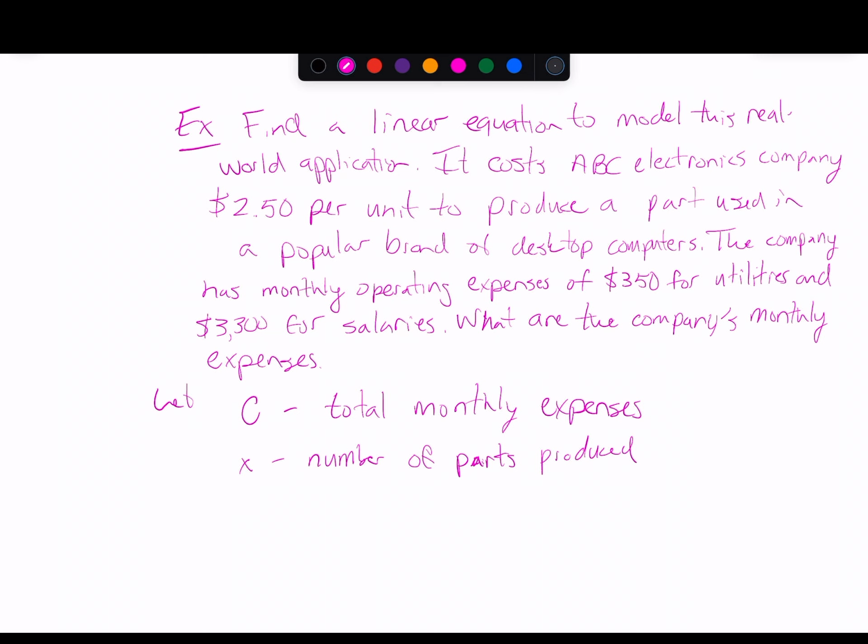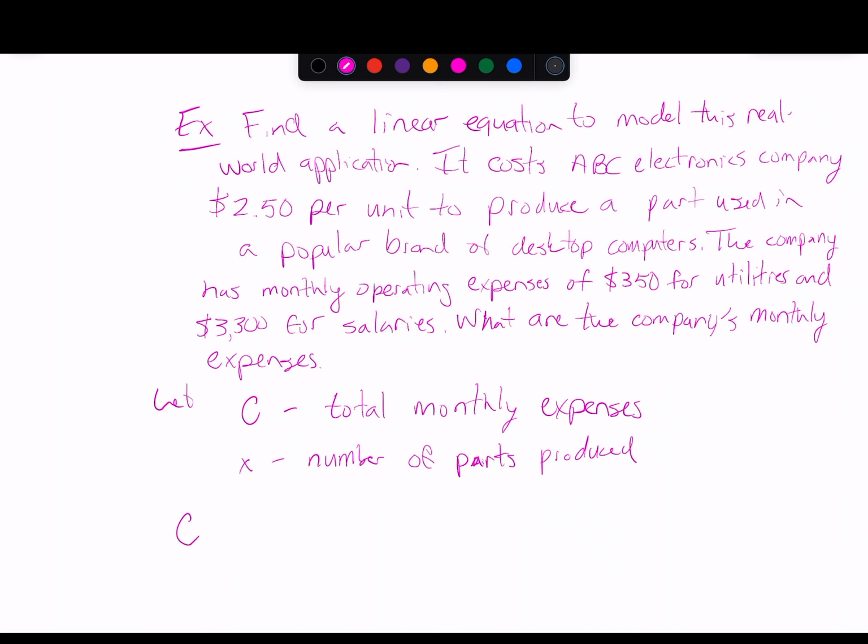And we can write an equation in terms of C and X relating one to the other, and we'll be able to write an equation to represent these quantities.